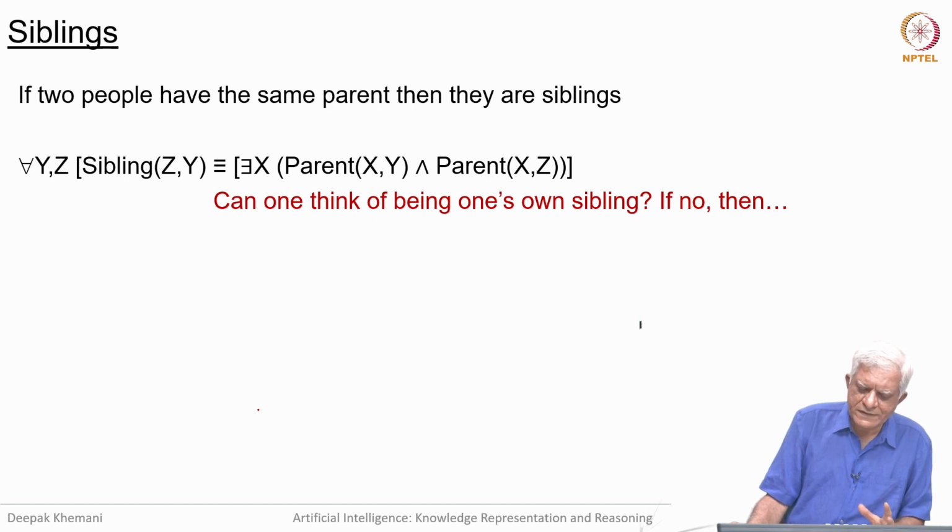Now, if you look at this definition carefully, this will allow you to say that Suresh is the sibling of Suresh. You most likely do not want to say that.